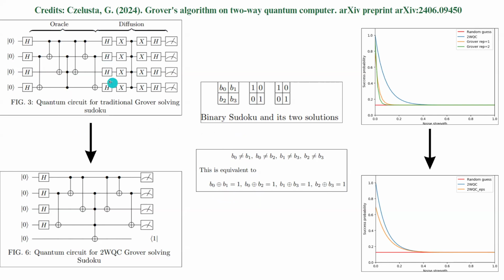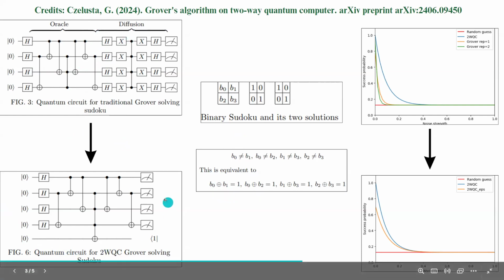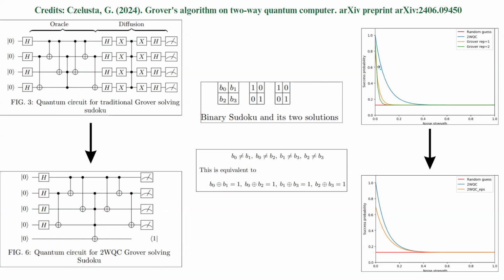So this circuit is for the classical Oracle, in which you can see the Oracle and the diffusion operator for the classical 1WQC, and this is for the 2WQC version with a Bra1 operator. And these are the noise curves. We use the depolarizing noise channel for this, and as you can see, the 2WQC version is more resistive towards the noise than the normal 1WQC version.